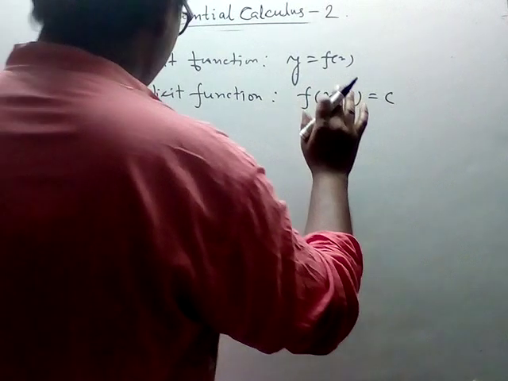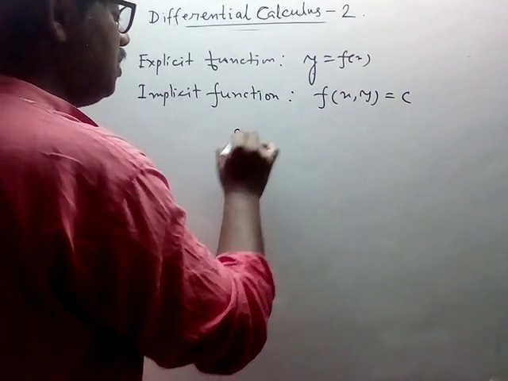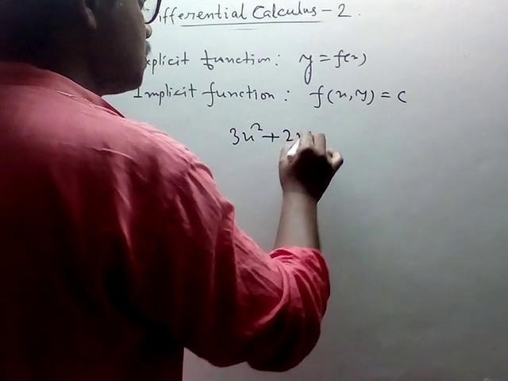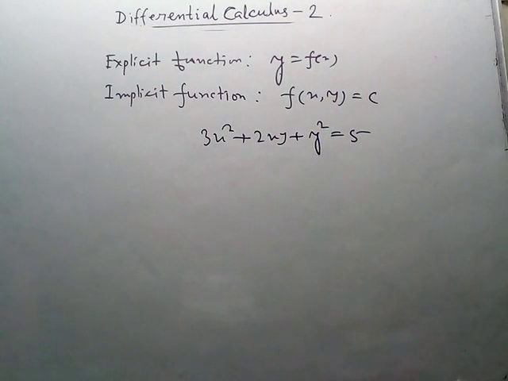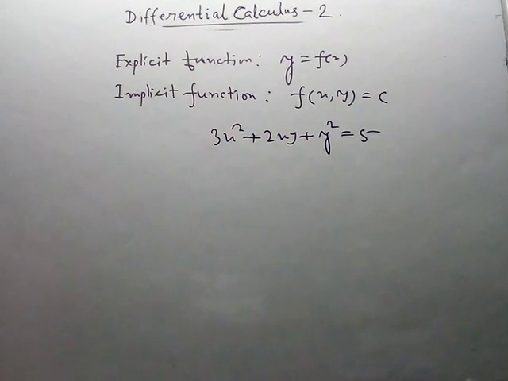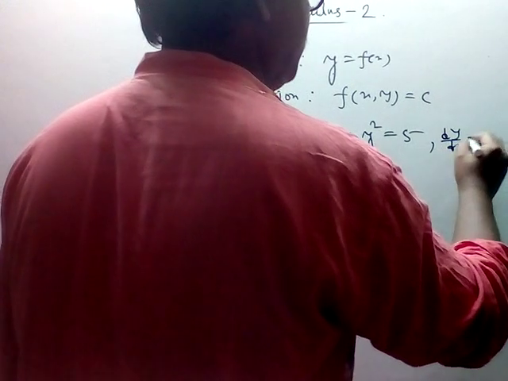Now the implicit functions. Suppose the implicit function is 3x square plus 2xy plus y square equals 5. Like this. This is an implicit function. We have to find dy/dx, d/dx of y.